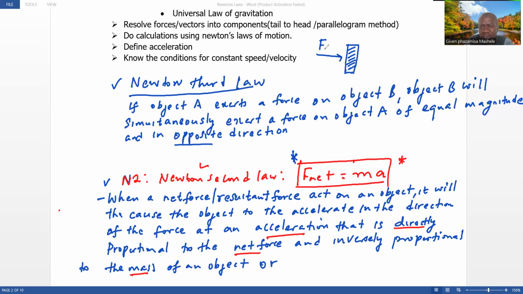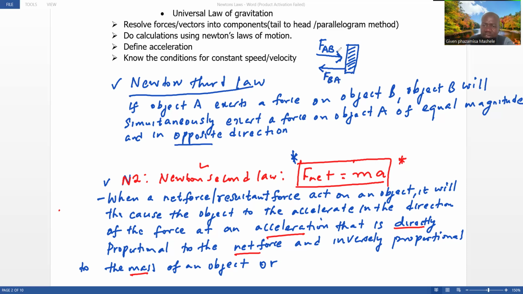Let me say you are A. A is exerting a force on B. Then it means you are applying a force on B, the wall, to the right, and if this object is not moving, B will exert the same force on you, but in what?